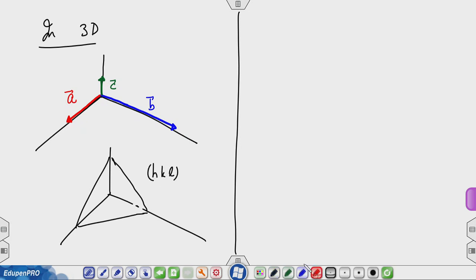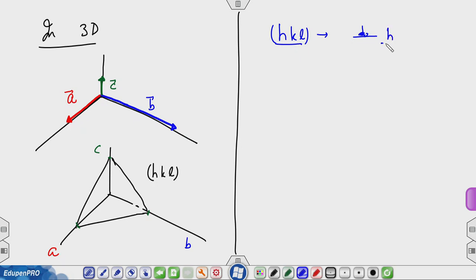This is the HKL plane. This side is A, B and C, and this is going to cut these axes at certain points. Now, recall that HKL means that this is inverse of the distance cut. So, it is going to be 1 over this is the common.